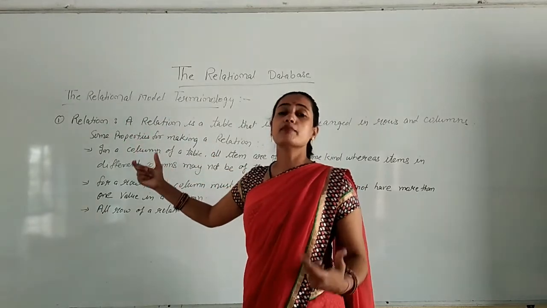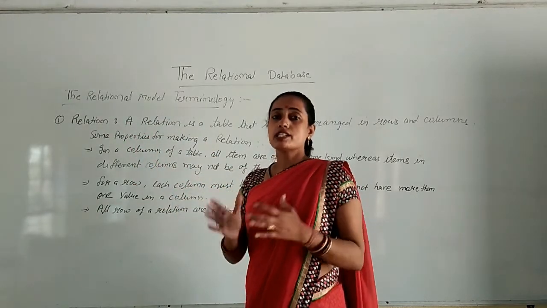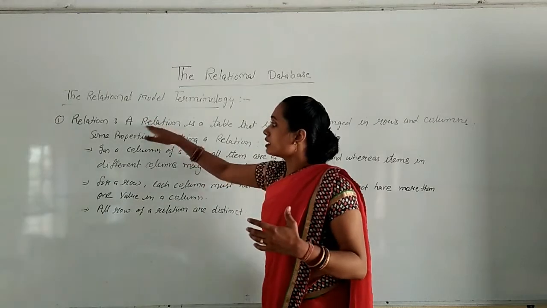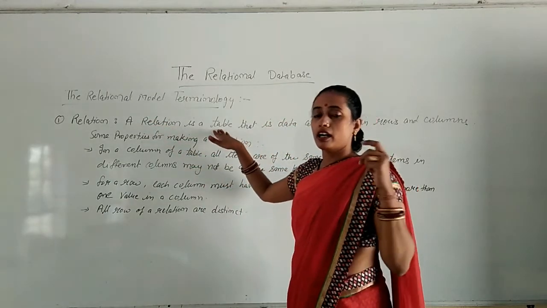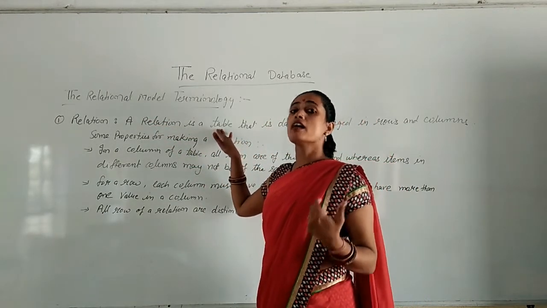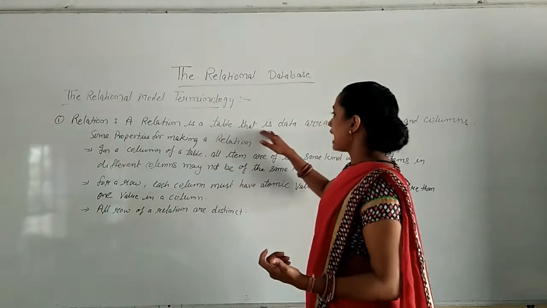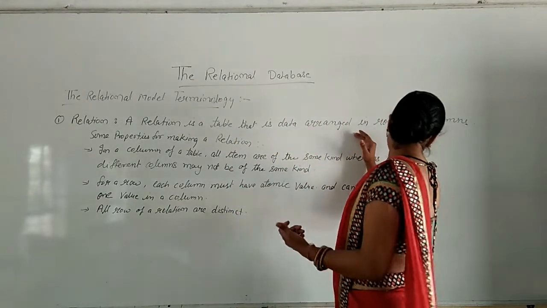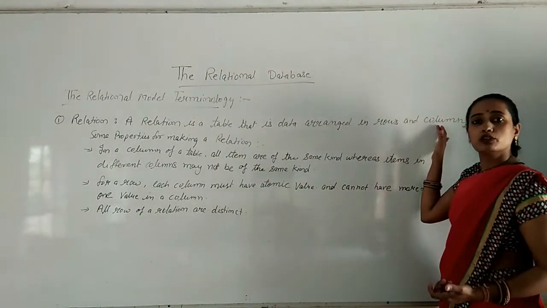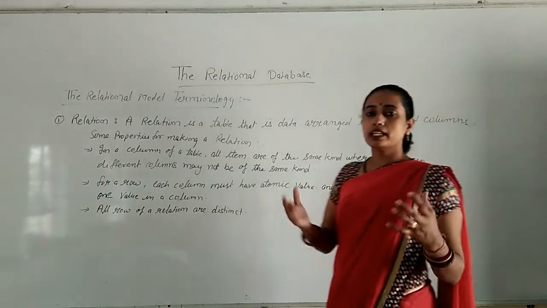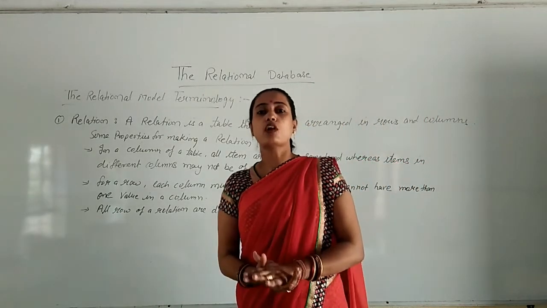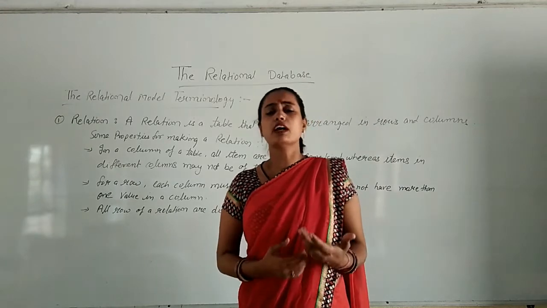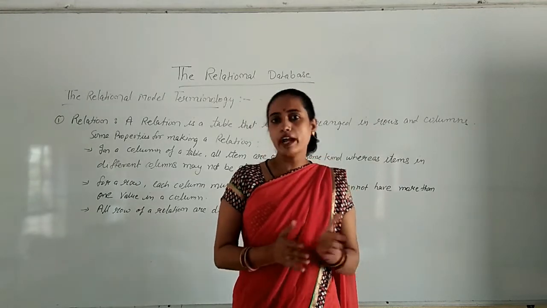In a relational database, a relation is a table. A table is called a relation. That is data arranged in row and column. It means a table is a combination of row and column, so your data will also be arranged in rows and columns.